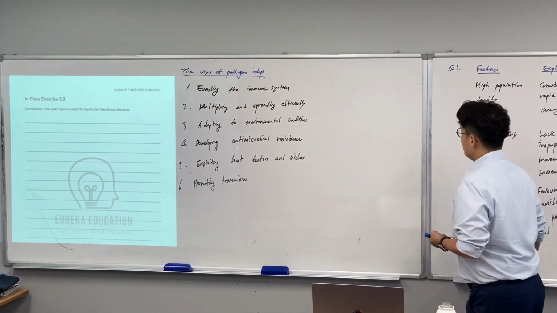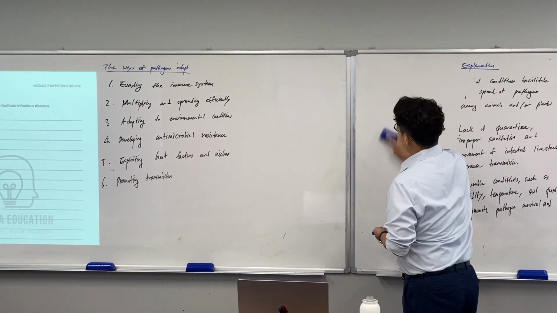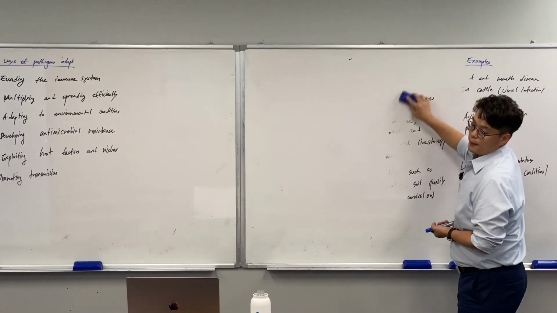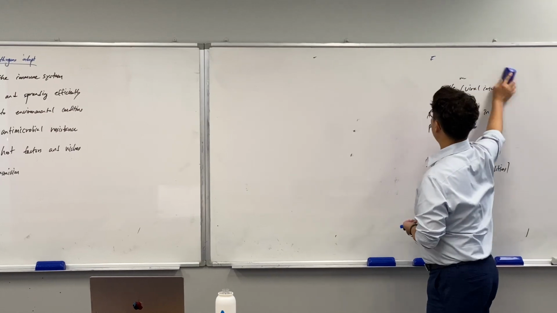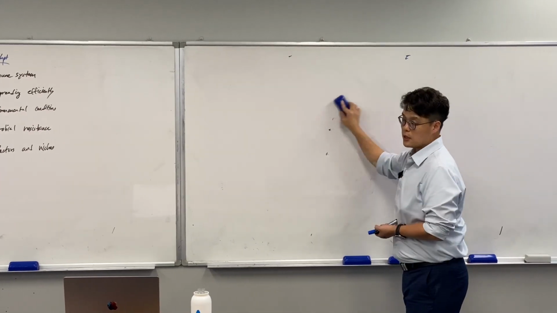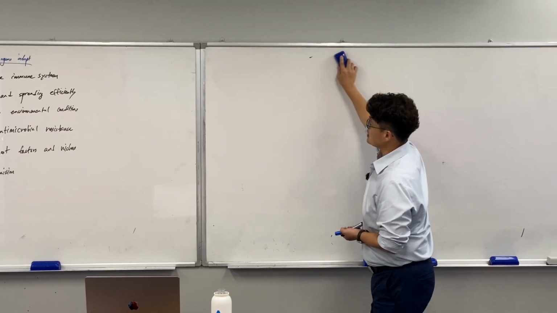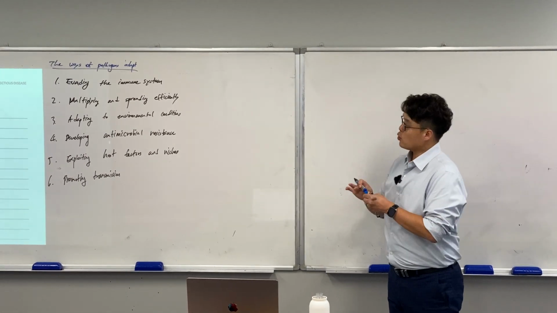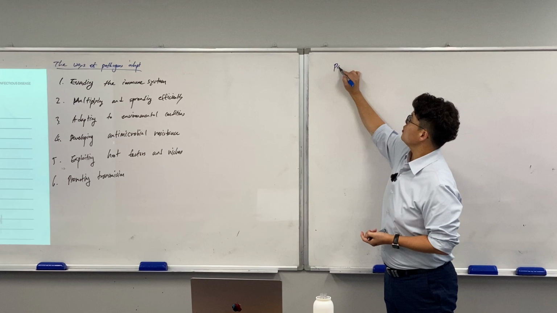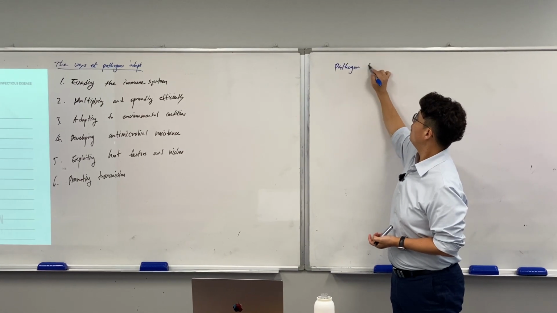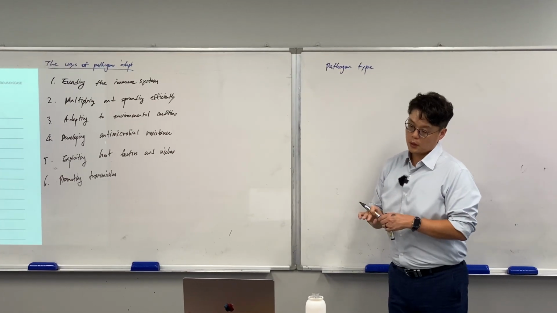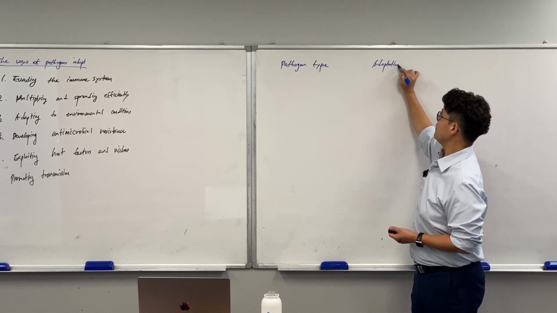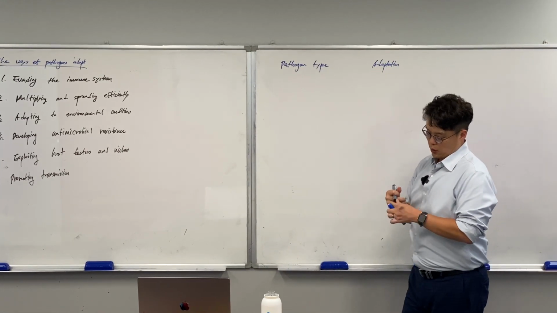So let's be a little more specific about how each of the microbes I'm talking about, bacteria, viruses, protozoans, fungi, and prions, can adapt, with examples. On the same page, same diagram here, let's talk about some of the pathogen types first, and how they adapt in summary. So, start with bacteria.